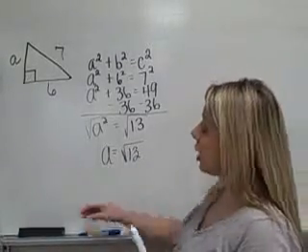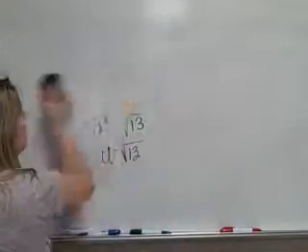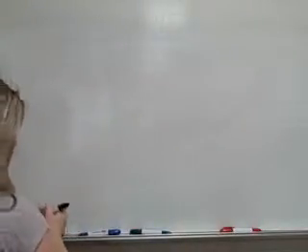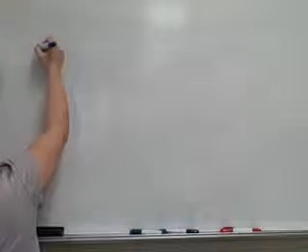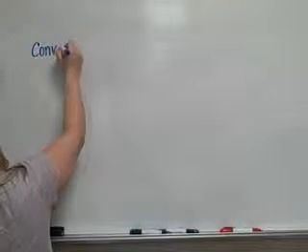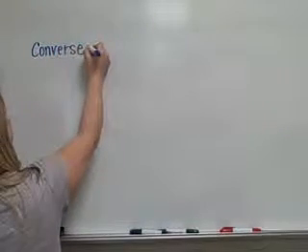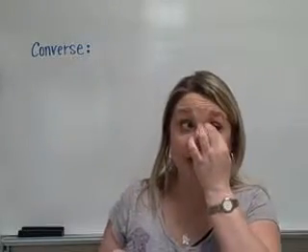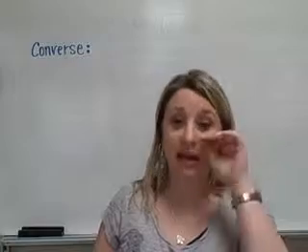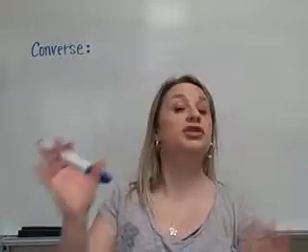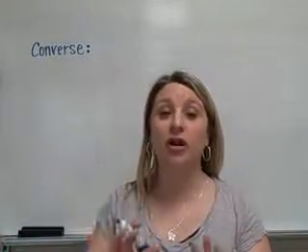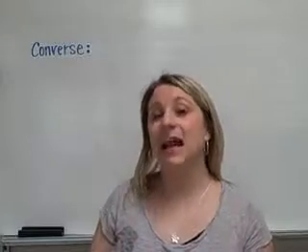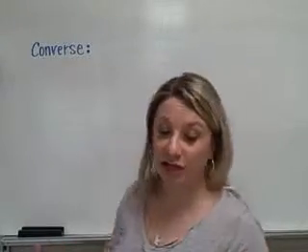The other thing that we need to talk about is something called the converse. The converse is when you take things and switch the order of the statement, and then take a look at the new statement that you're given.